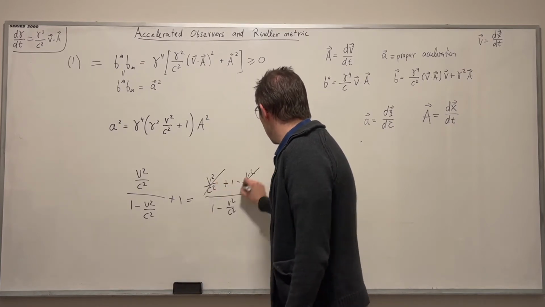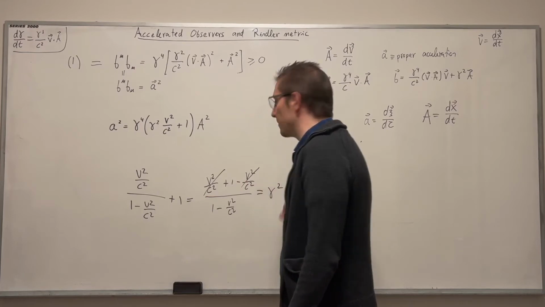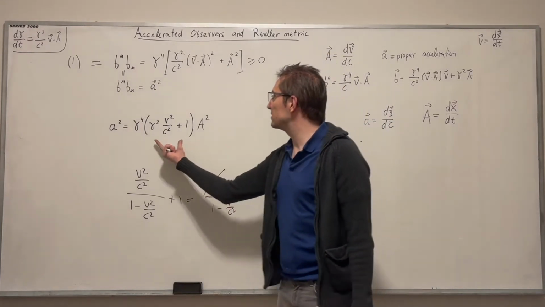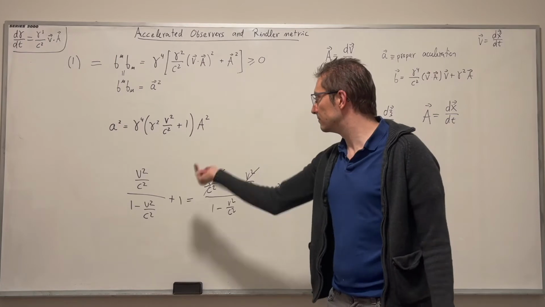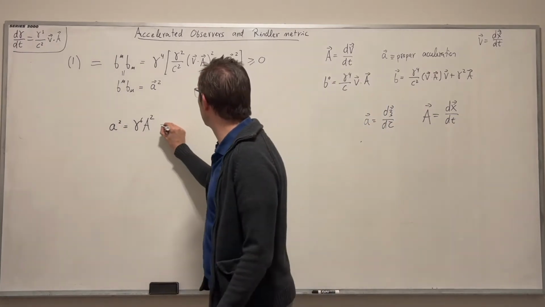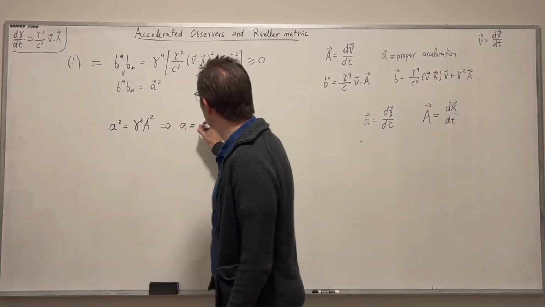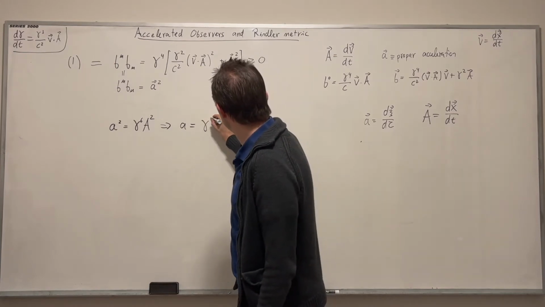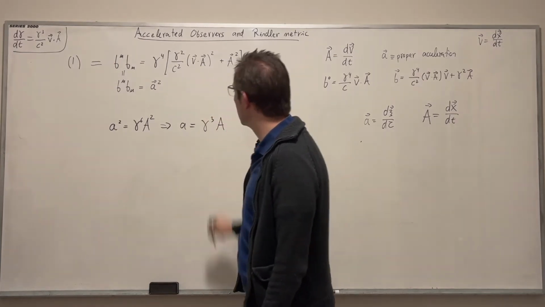So this cancels that, and this is just gamma squared. All these parentheses are just gamma squared. Let me simplify them. Right, and now we know, therefore, that A is equal to gamma cubed a.